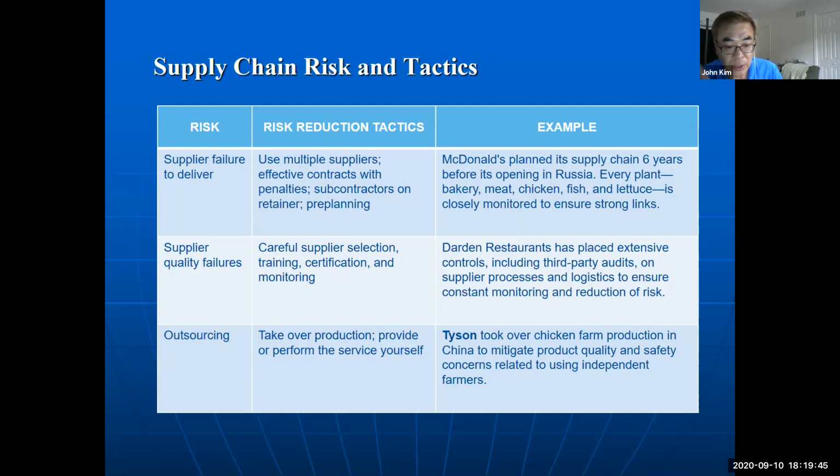That is a Hyundai subsidiary that produces critical parts and provides those parts to Hyundai. So Hyundai did partial vertical integration using that subsidiary, taking over production and performing the service themselves.